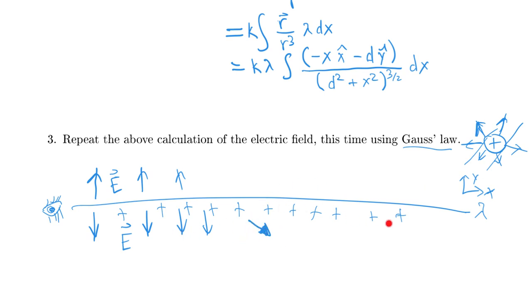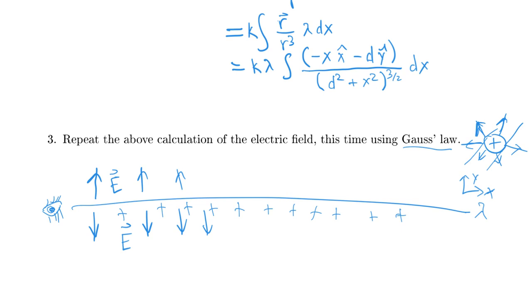Like, the charges on the left and the right are symmetric. So why would you have an electric field that favors one side essentially? So you can't have that, right? You can't have your electric field pointing to one side when it's symmetric left to right.